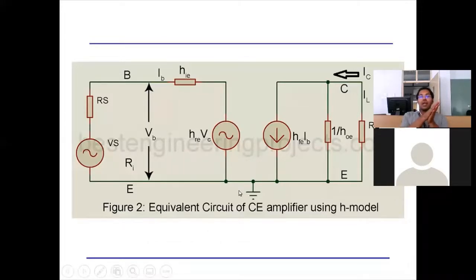Now under certain conditions we can obtain an approximate model. When we go for the approximate model, the analysis becomes easier. Now let us see how we can go for the approximate model.